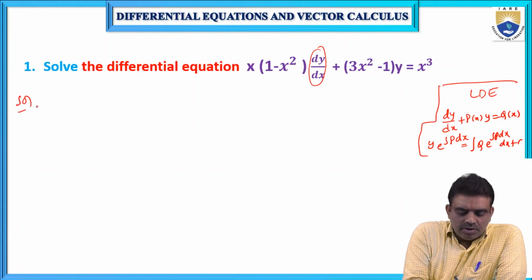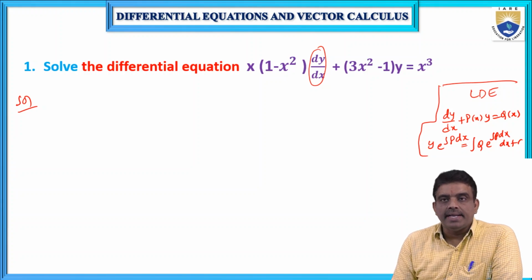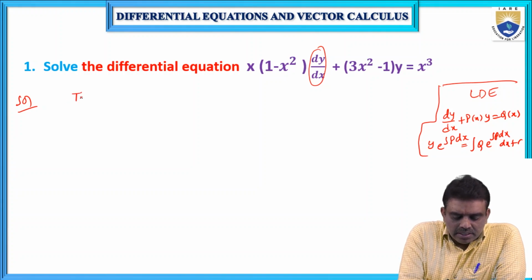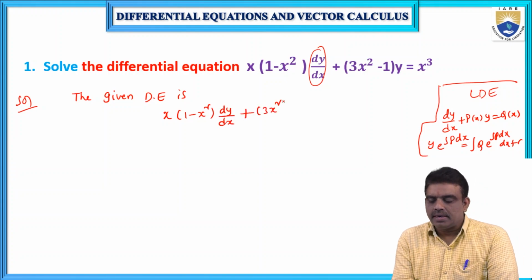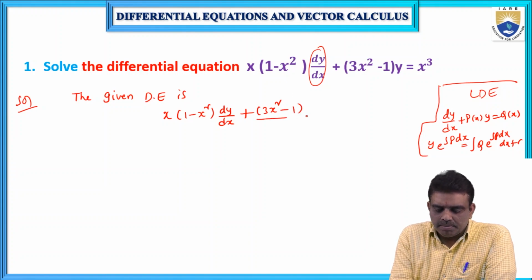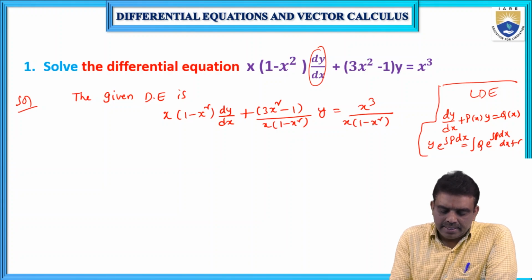So now first I have to reduce this into linear differential equation form by dividing throughout the equation with x(1 - x^2). First write the given equation. The given differential equation is x(1 - x^2) dy/dx + (3x^2 - 1) y = x^3.